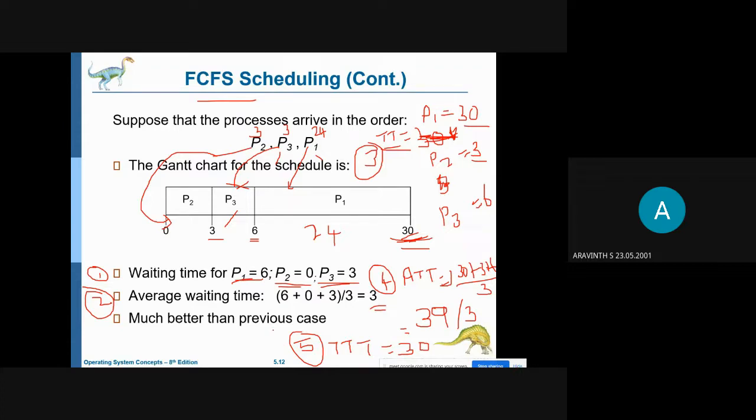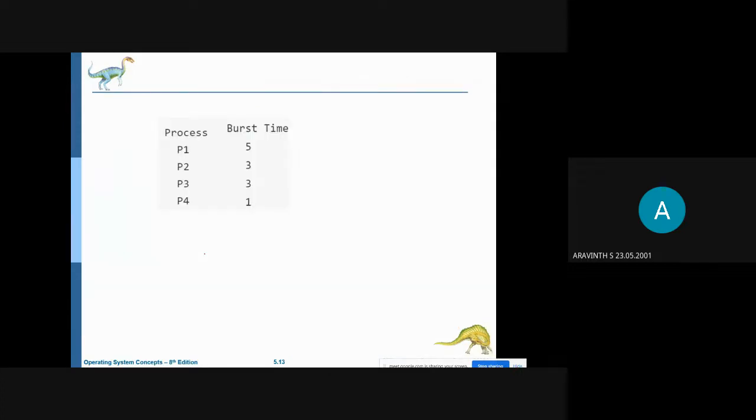So next we will go to one more example. This is the problem for you. You have to explain. Come, anyone?